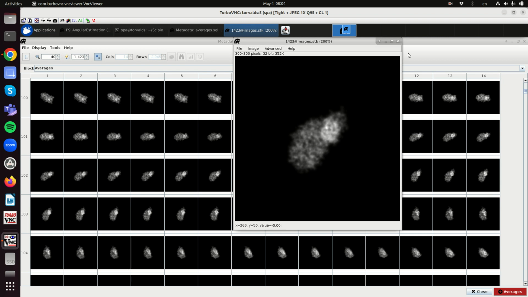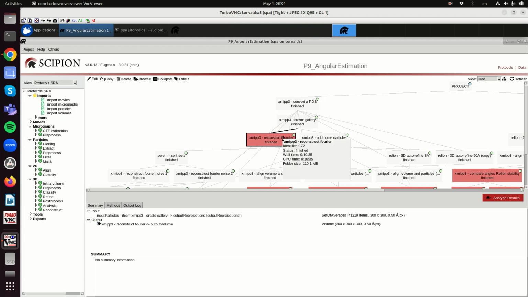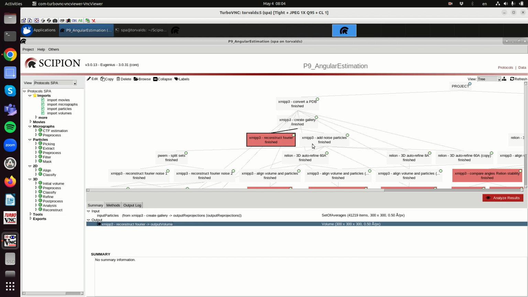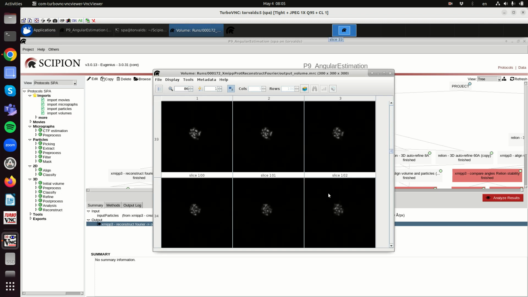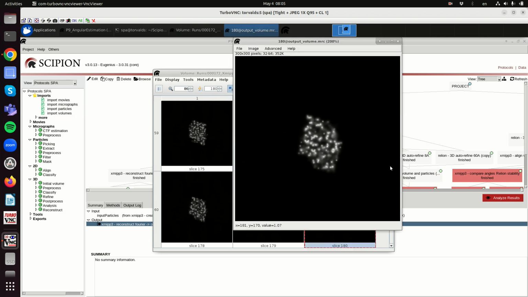Okay, so now just to make sure of the limitation that we would have by reconstructing such clean data. We can see that these 40,000 images with perfect angles are good enough to reconstruct almost perfectly the original structure.